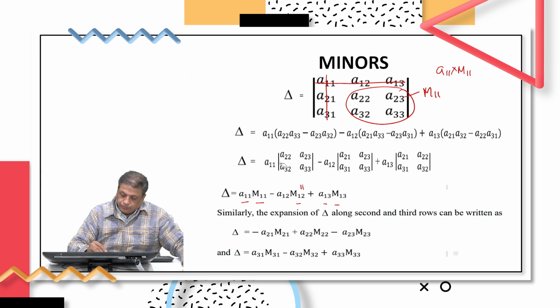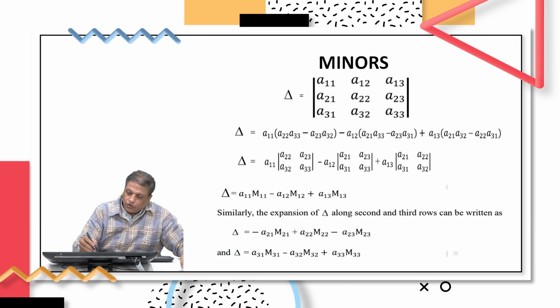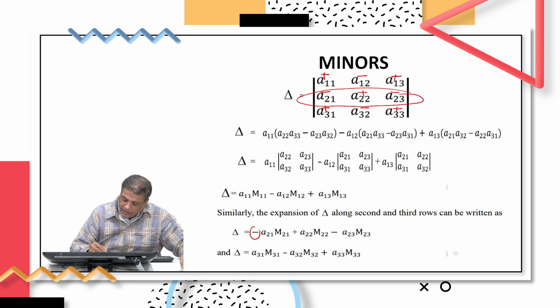Likewise over here, we also learned that the polarity of the sign varies from positive to negative to positive, negative, positive, positive, negative, positive. So if we expand it across the second row, then the sign starts with negative because the polarity is negative. First element of the second row is A21.